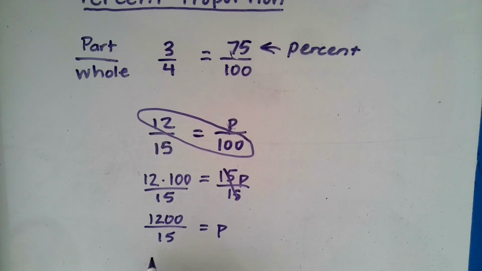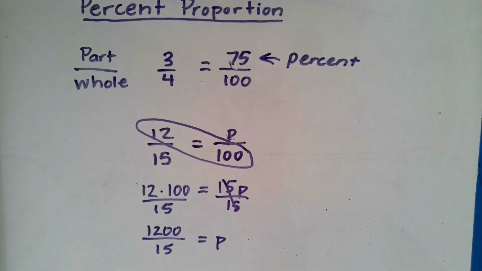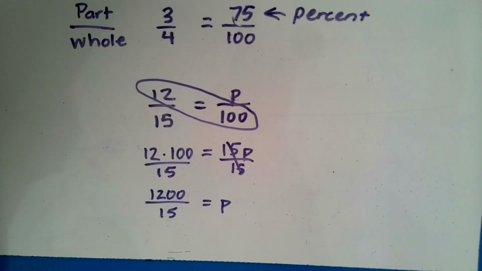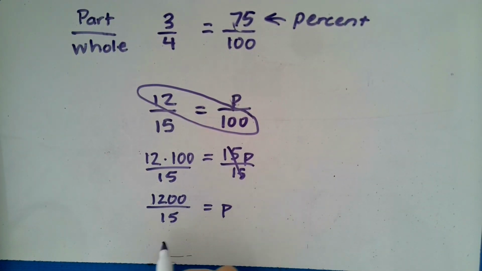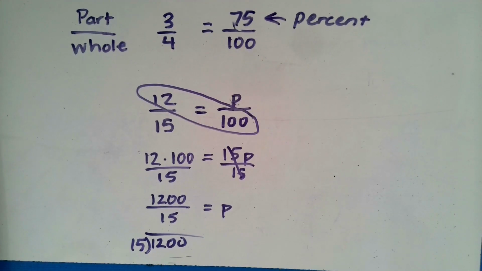Now, if you need to rewrite this in traditional division form to solve that, that is a-okay. That's the same as dividing 1200 by 15. And when you do that, we would say 15 goes into 120.